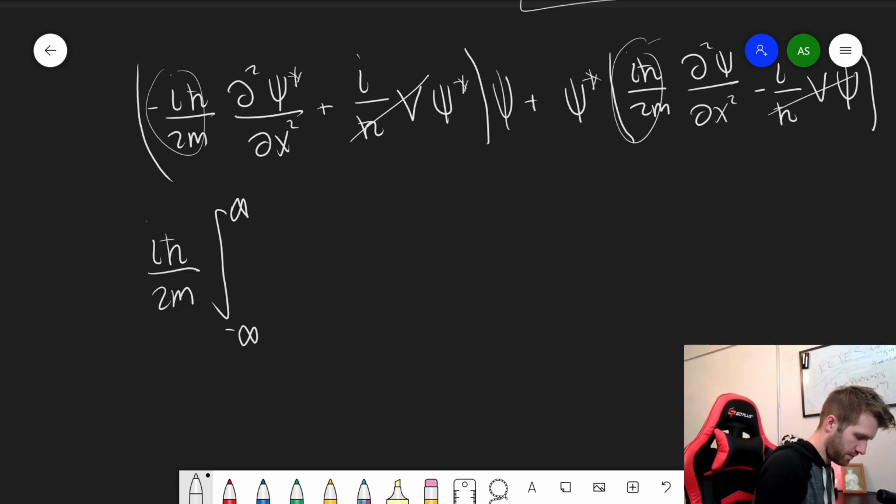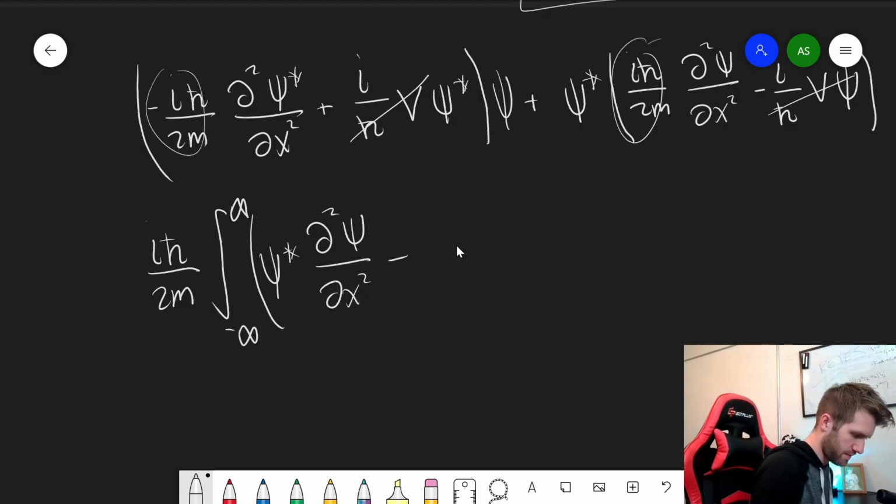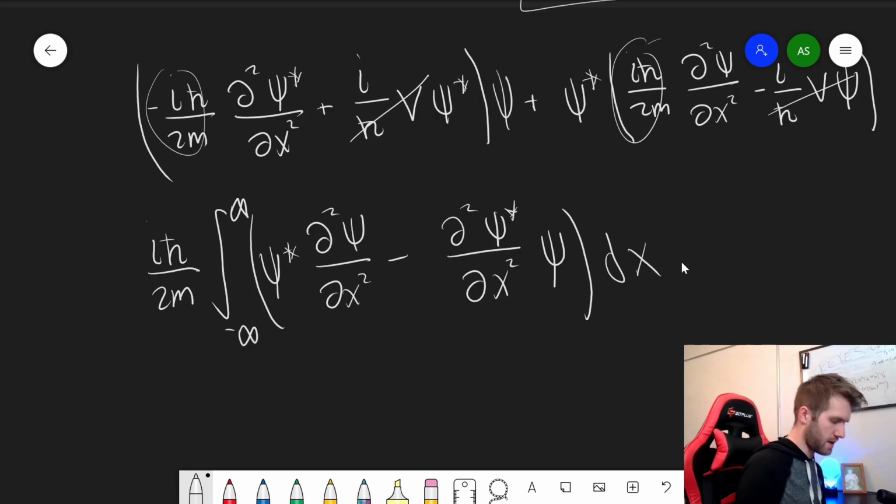Actually, let me try to do this first. So we're going to have psi star, where we have d squared psi dx squared, and that is going to be minus d squared psi star with respect to x squared times psi. Alright, and that's all with respect to x.